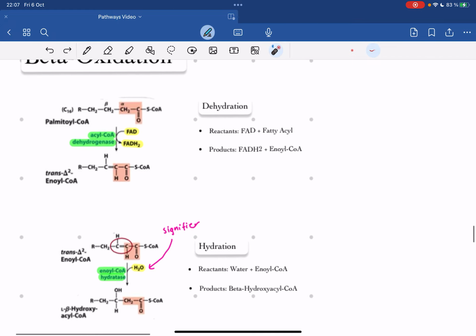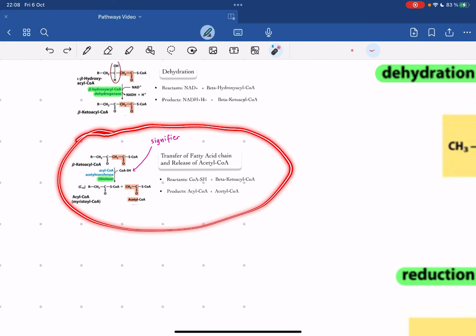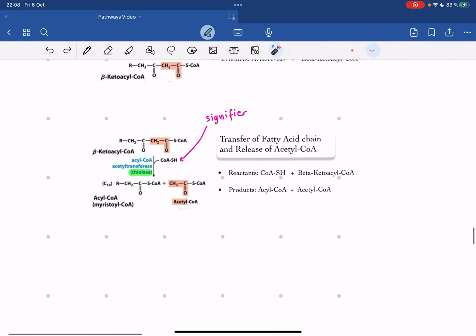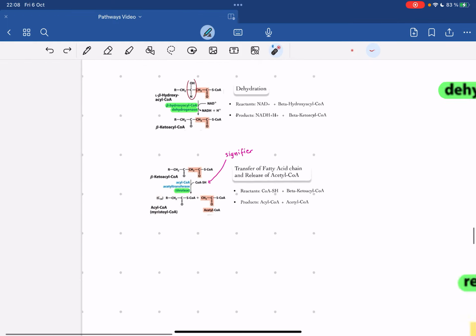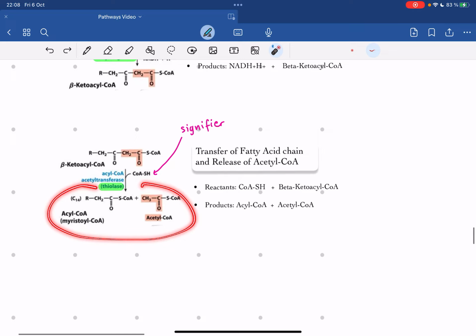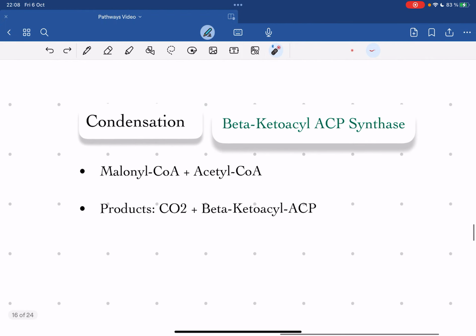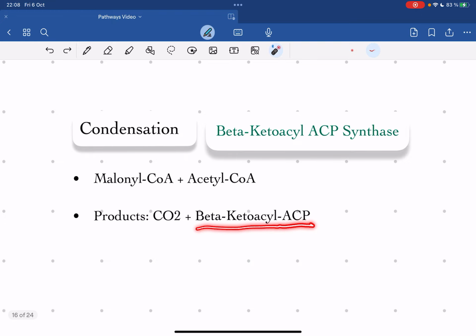Meanwhile here, this represents pretty much what we just looked at for the first step. So instead of having these as a product, this will be our reactions for the fatty acid synthesis. But here they are the products, and then they are turned into this beta-keto acyl-CoA here, while here they're turned into this beta-ketoacyl ACP here.